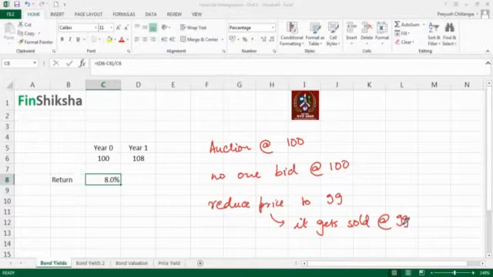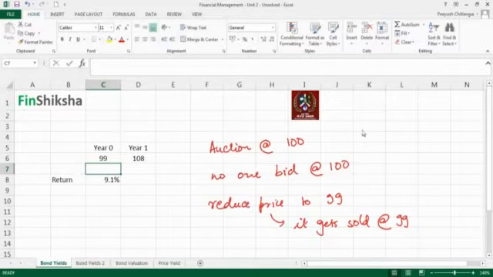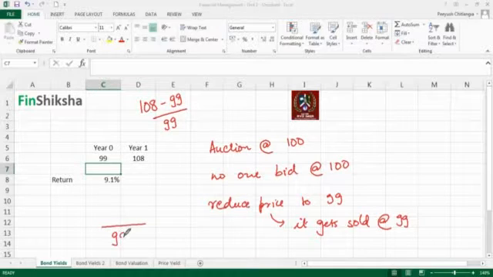Now what is the return? Can we find out the return? Essentially, you're paying 99 here instead of 100. What happens to the return? That becomes 9.1%. Why? Because now the return calculation will be 108 minus 99 on 99. On your initial investment of 99 rupees, you have made 9 rupees.